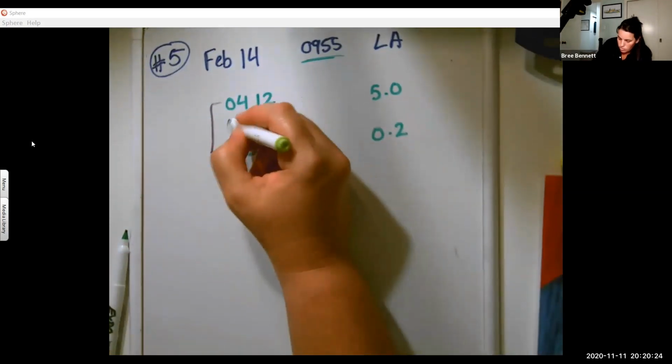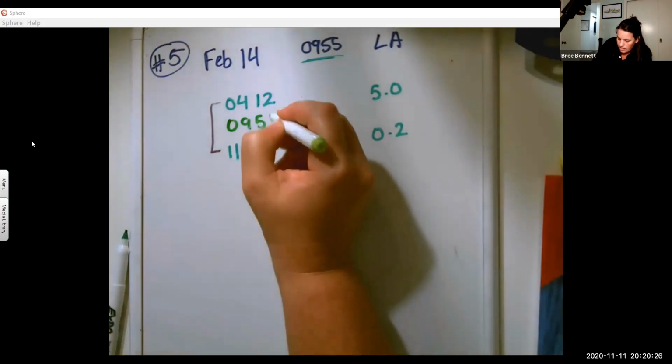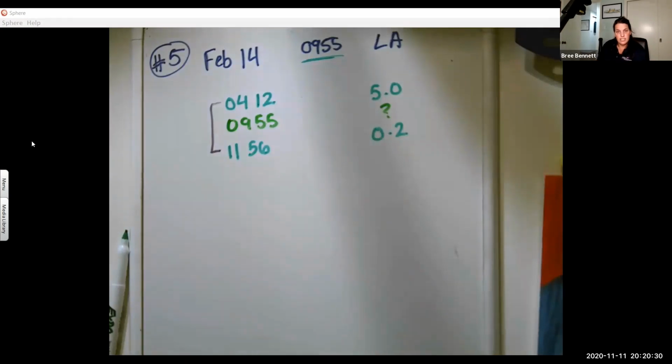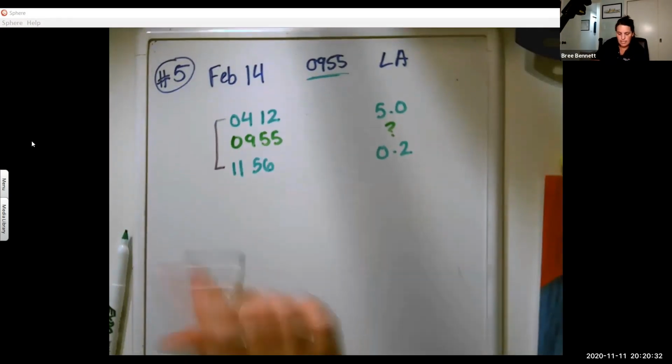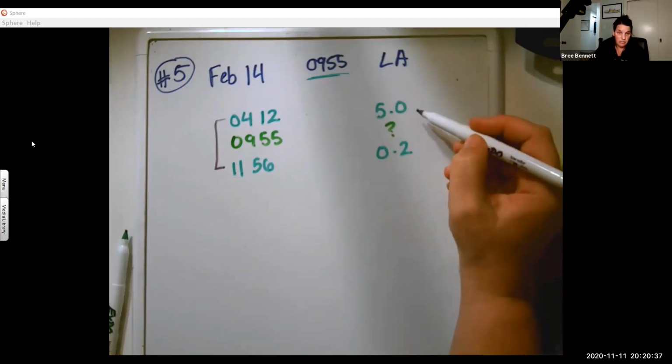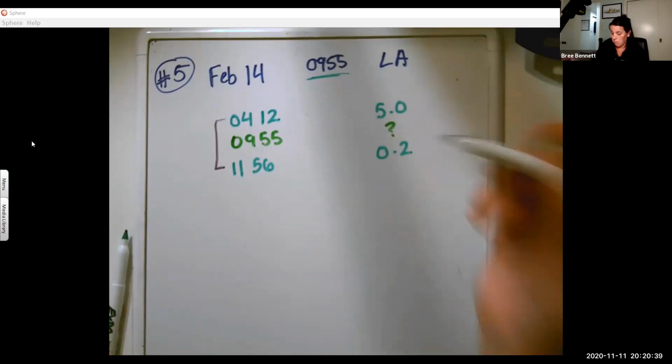I want to know what's going on at 9:55. What is the tide? So from looking at this, I know it's going to be somewhere in between 5 feet and 0.2 feet.